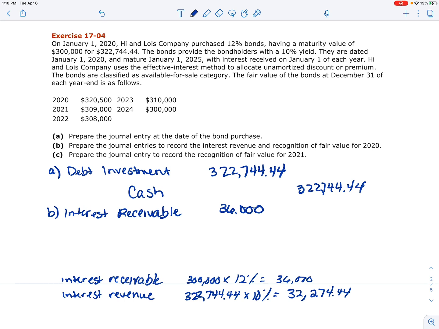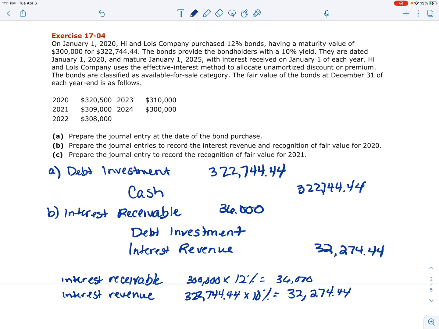So then we can record interest revenue as a credit, and then the difference is going to go to your debt investment, decreasing that value of the investment, amortizing that until it gets all the way down to the $300,000 amount.